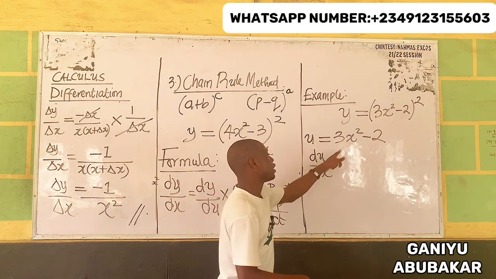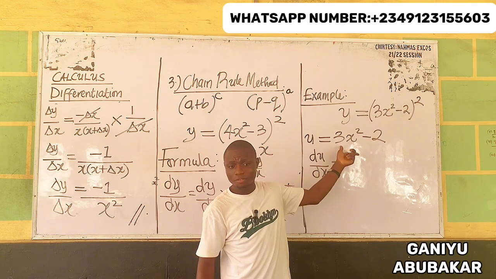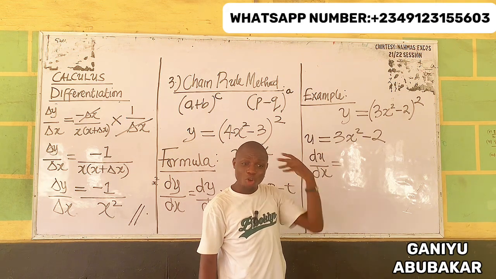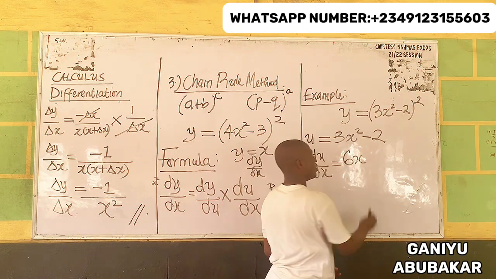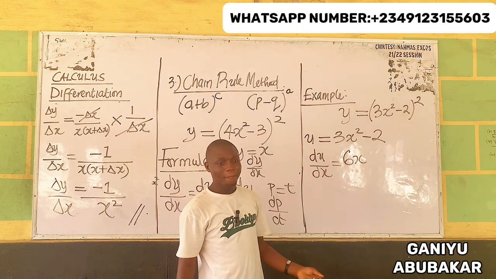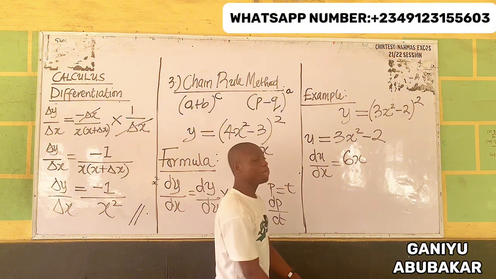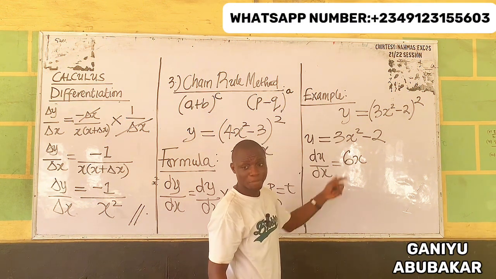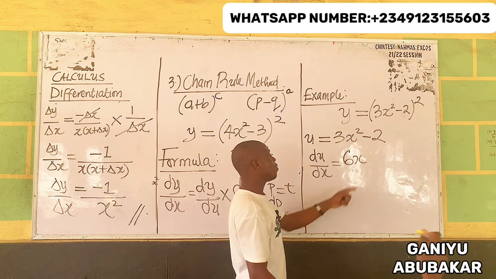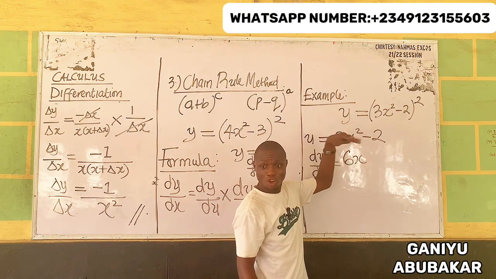If I differentiate 3x squared, what do I have? 6x. The plus 2 is 0, the constant term.